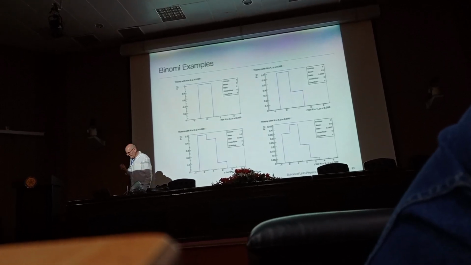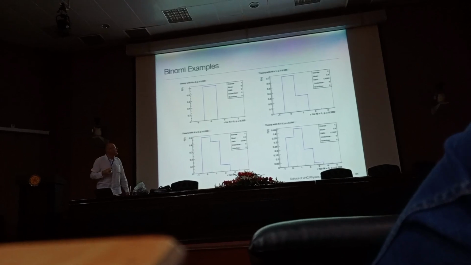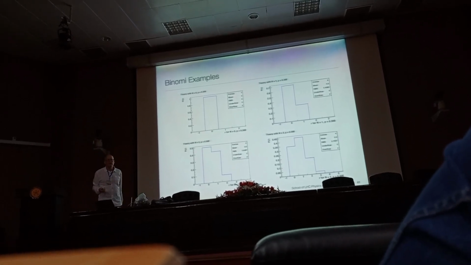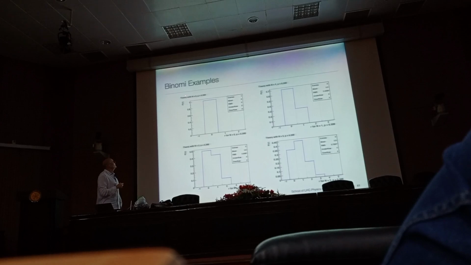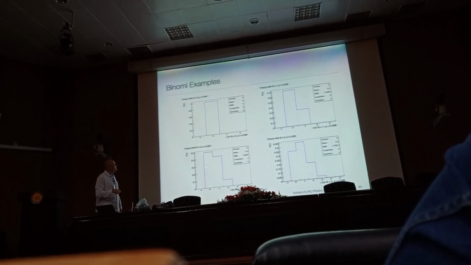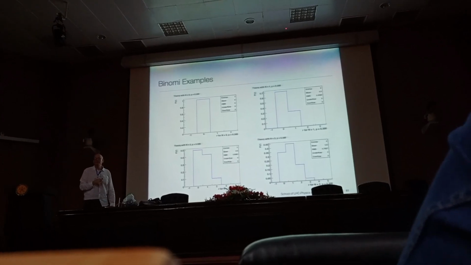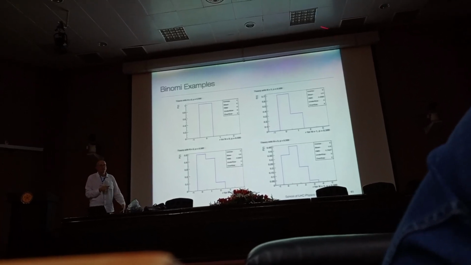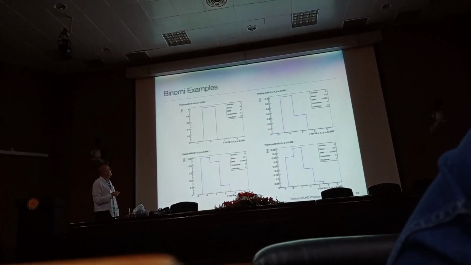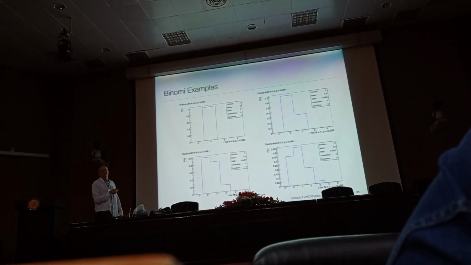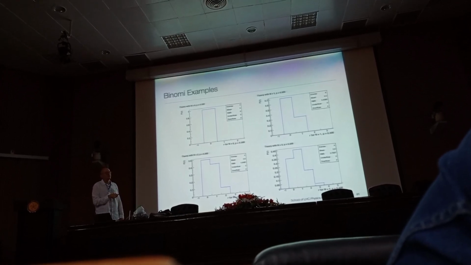And this is how it looks for different values. I took p as 30%, why not, and I plotted it for different numbers of trials. For 0 trials, obviously I can't succeed, right? There's no chance. So the probability that I get 0 successes is 100%, and the probability that I get anything else is 0.